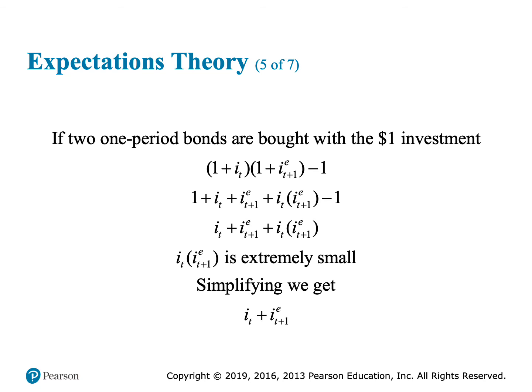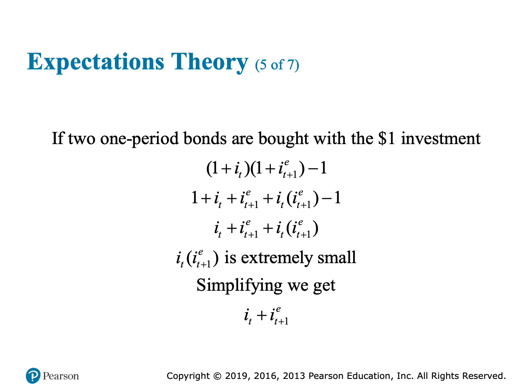In the first period of time, we would earn, right, the $1 plus the interest rate I sub t, and in the second period, we would earn, right, I^e sub t plus 1, the expected interest rate that would be prevailing in the second period. We're going to subtract out 1 to back out the expected rate of return, and we can go ahead and run the math on that.